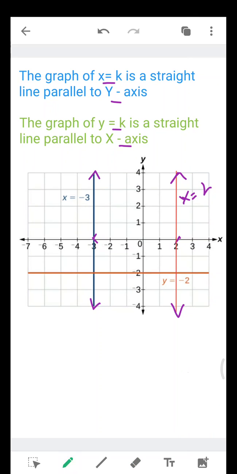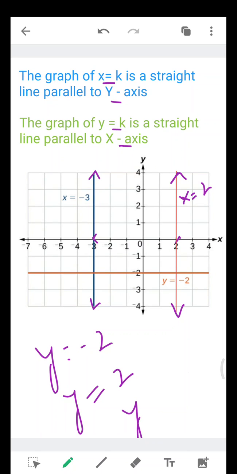So if the equation is, say, y equals minus 2, or y equals 2, y equals 3, whatever it may be, we should not find solutions. You can directly draw the graph of those equations.